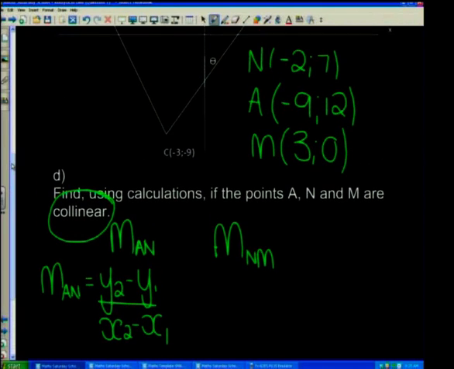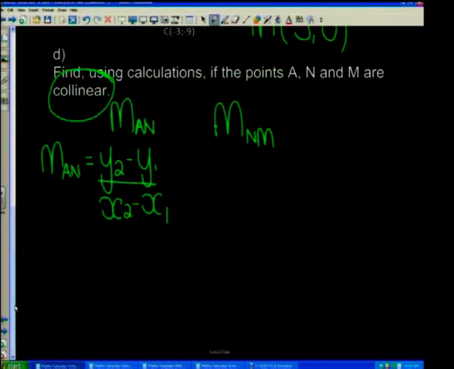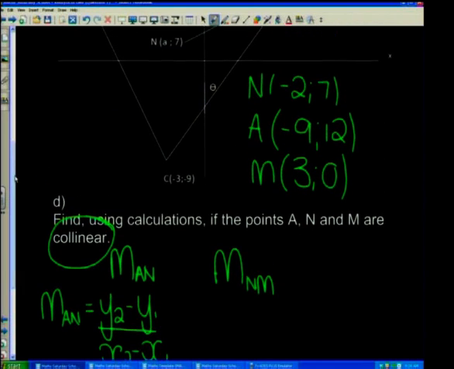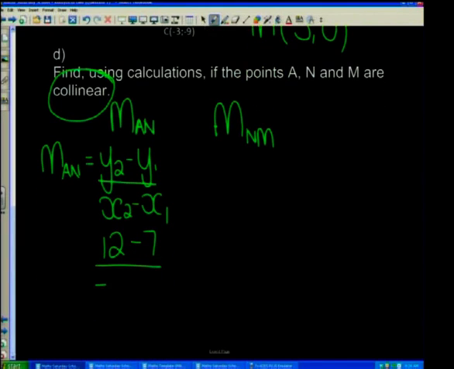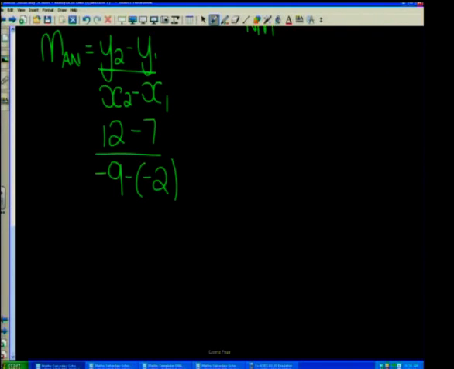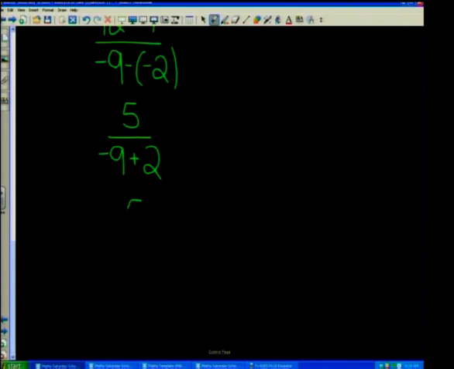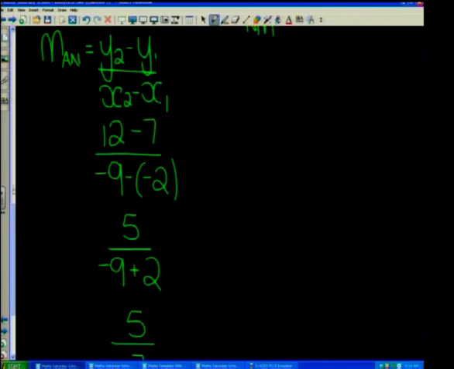A and N. y2 minus y1, so 12 minus 7, over x2 minus x1, so negative 9 minus negative 2, and that's going to leave us with 12 minus 7, that's going to leave us with 5, and negative 9 plus 2, that's going to leave us with negative 7, okay? All right, so that's the gradient from A to N.